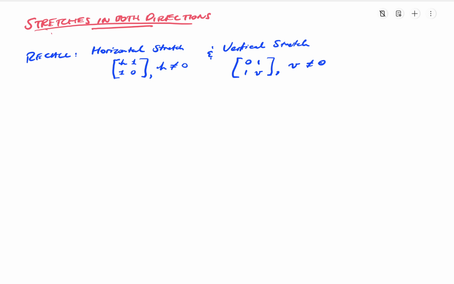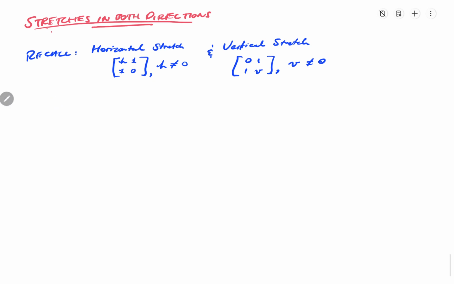So if I combine these together into one statement here, so stretches, if I have both the h and the v, I didn't want to use x and y because we use x and y to transform them. So let's look at some special cases and some intervals where these do different things. Hopefully that sentence made sense. Like intervals for the values of h and v.